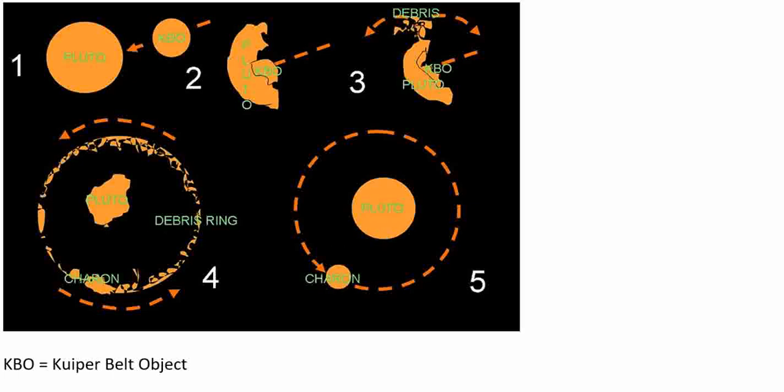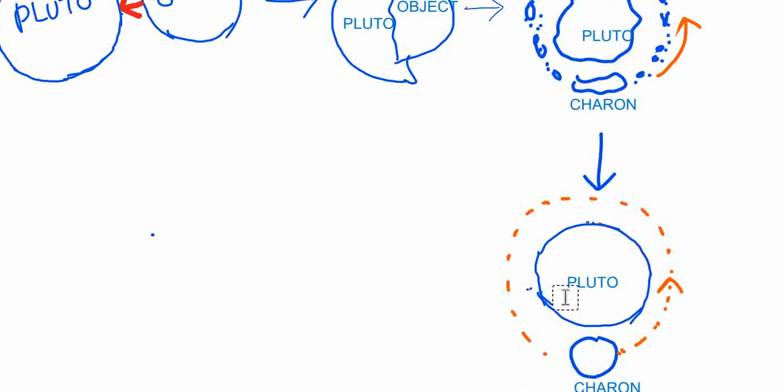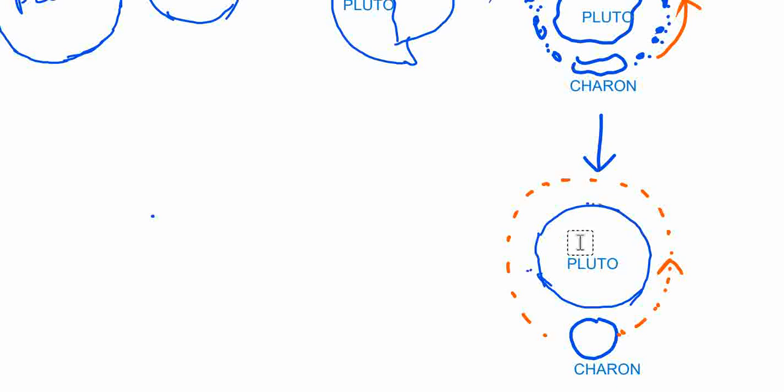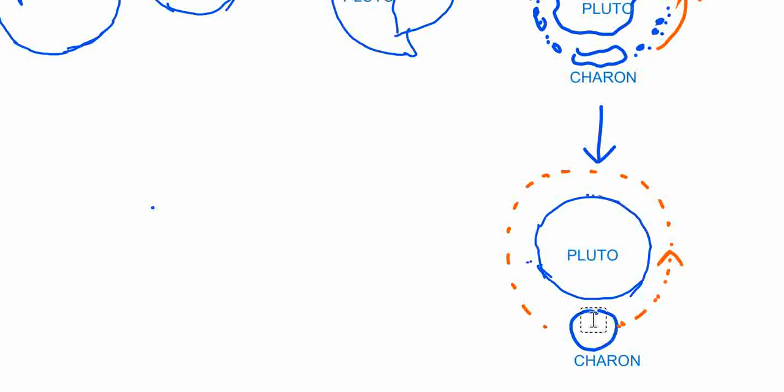So let's draw the diagram. So we type a model. So this is Pluto, hit by an object, and Pluto breaks apart, and then it forms a debris ring that moves around, and after that it forms Pluto and Charon, the moon of Pluto.